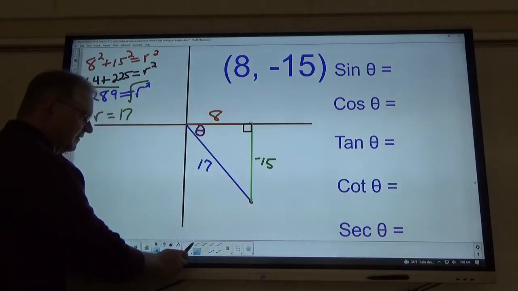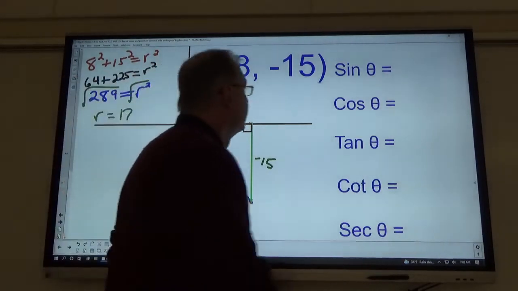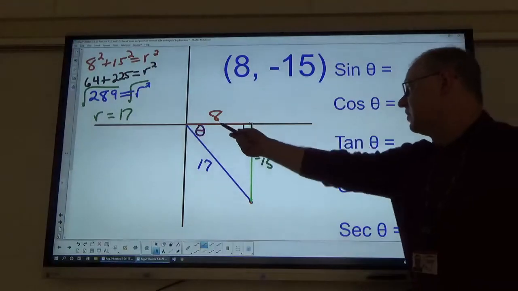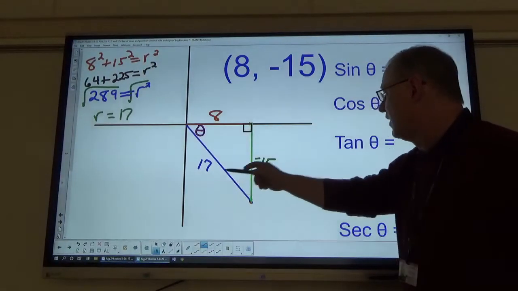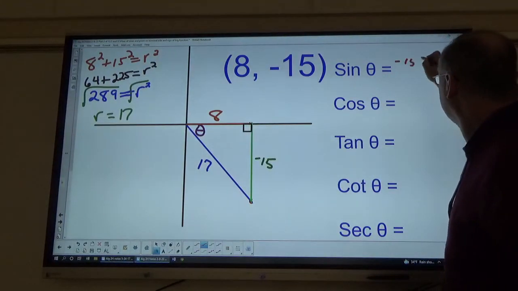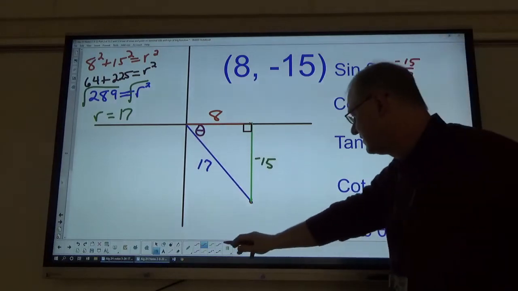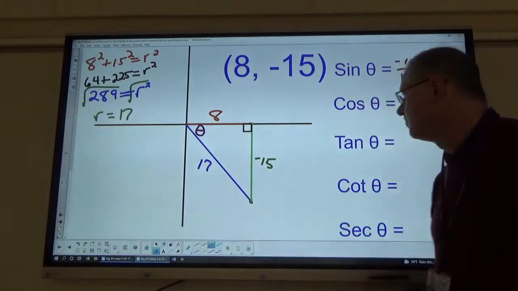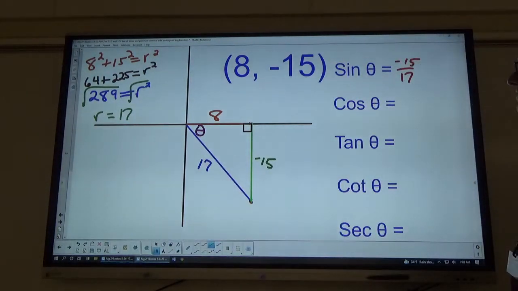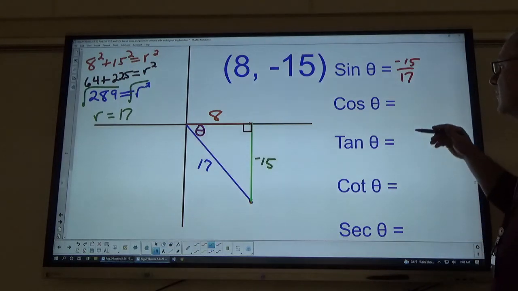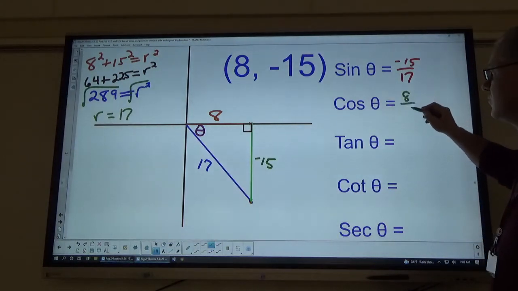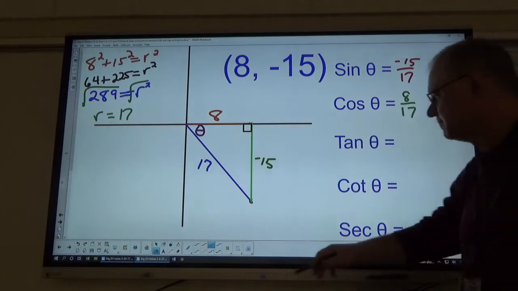Now when I want to fill these in, sine we know is opposite over hypotenuse, so -15 over 17. Cosine is adjacent over hypotenuse, 8 over 17.